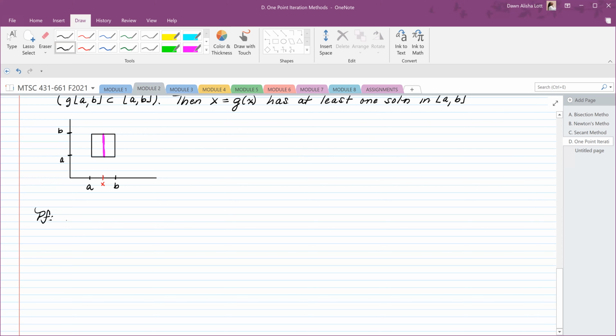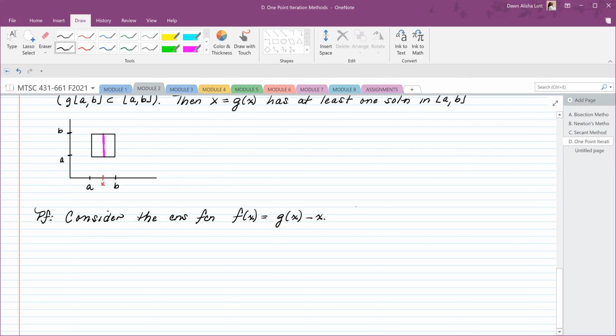All right, so let's consider the continuous function, I'm going to call it f of x, and it's equal to g of x minus x.